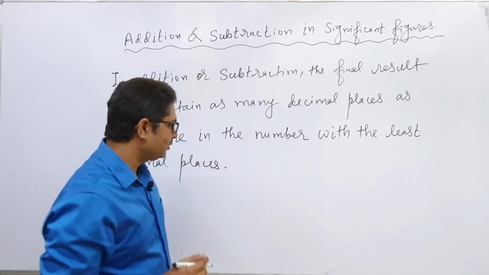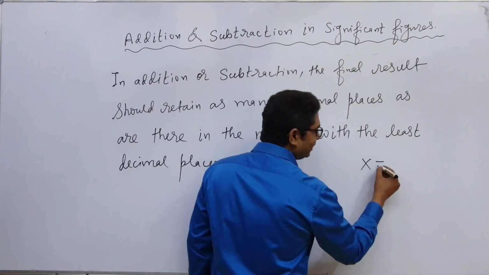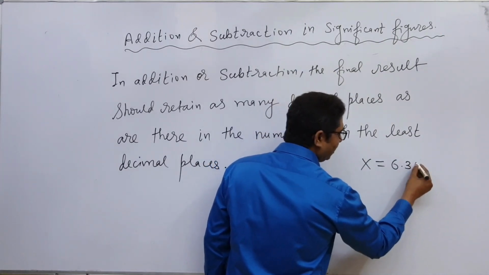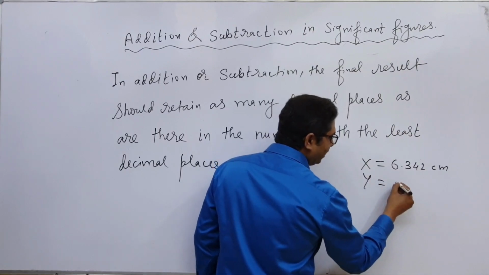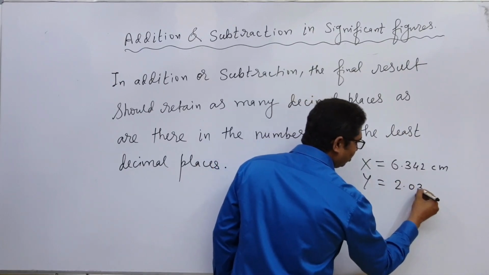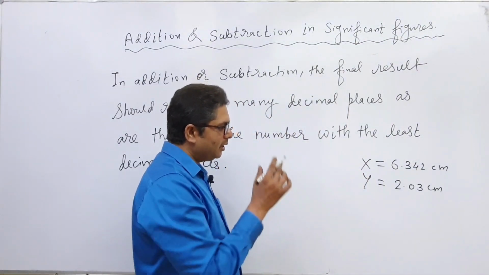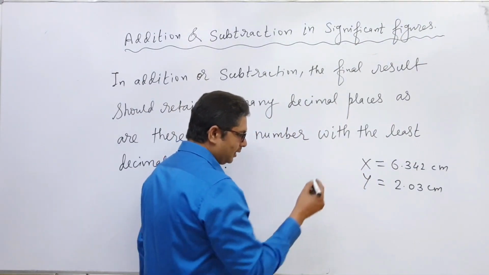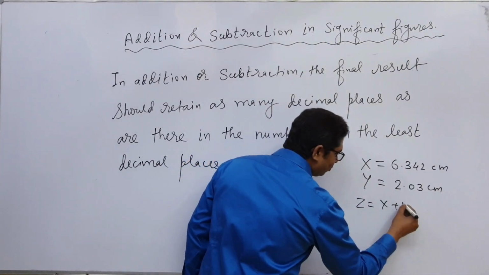For example, suppose let us take a number x, and x is equal to 6.342 centimeter, and y is equal to 2.03 centimeter, and what will be the sum of these two numbers? Then the sum of these two numbers z is equal to x plus y.